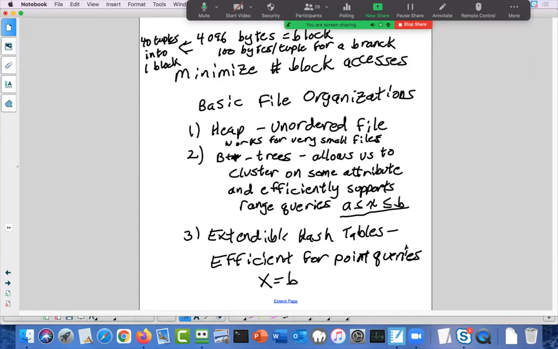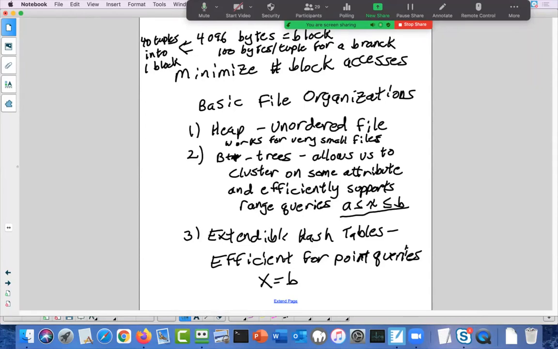For the most part, we tend to organize our files using B+ trees because we almost always have some attribute that we might want to perform range queries on. And it's usually not the primary key, interestingly enough.